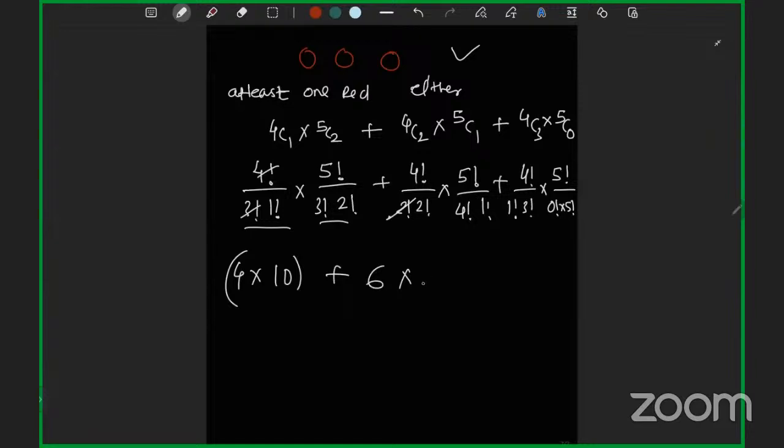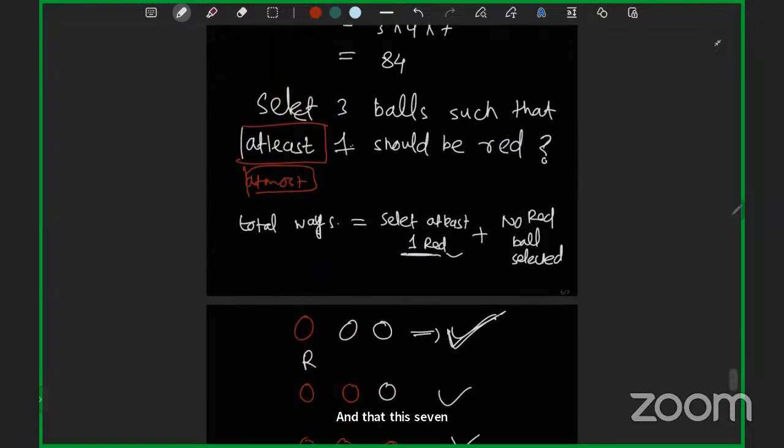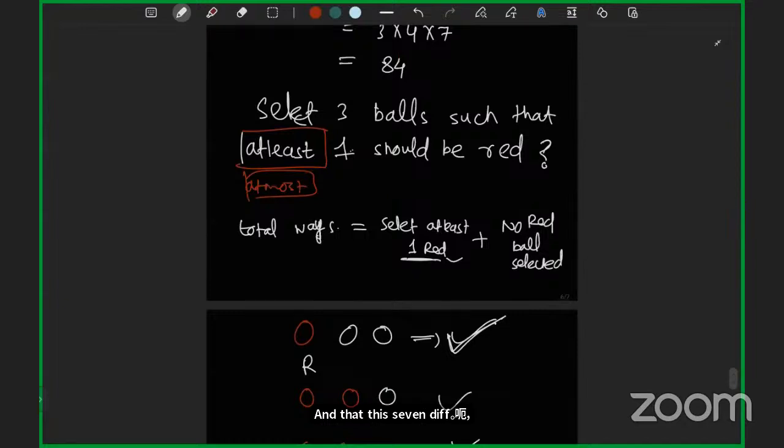In this case it is 5, then in this case it is 4 into 1 into 1. So these three cases come out with 40 plus 6 times 5 is 30 plus 4, and that is 74. So 74 ways you can choose three balls such that at least one should be red.